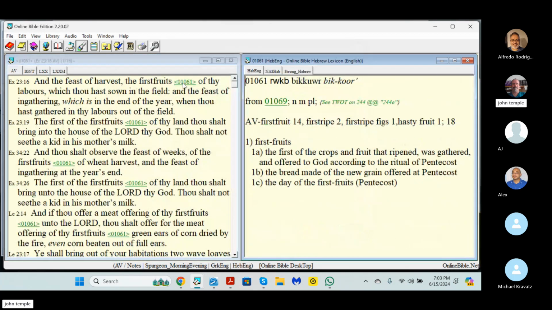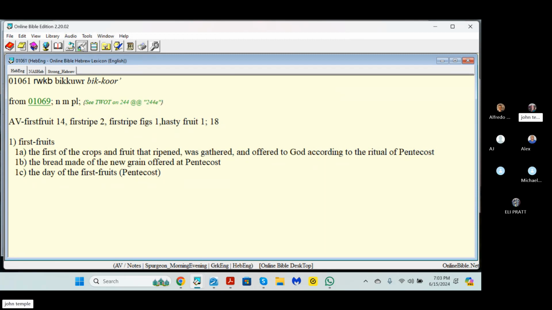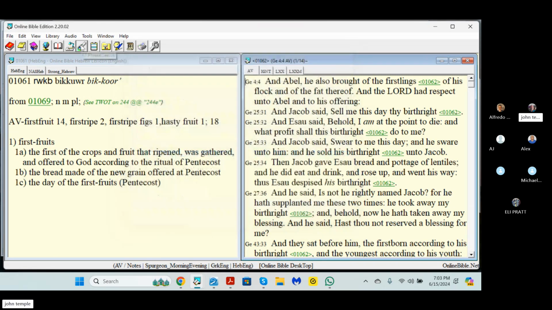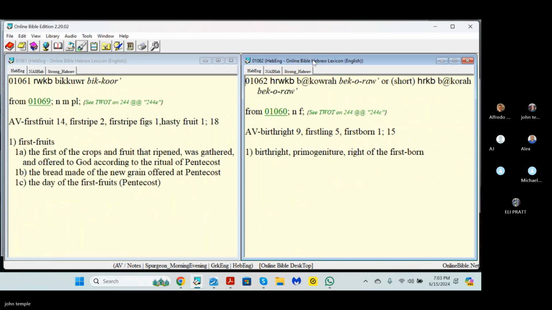So that's the first fruits. That's the Bikur. And the other one is 1062. This is Bekorah. All right. And then you got 1063.